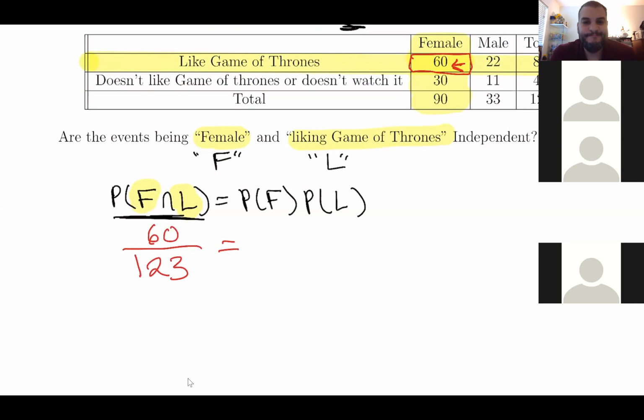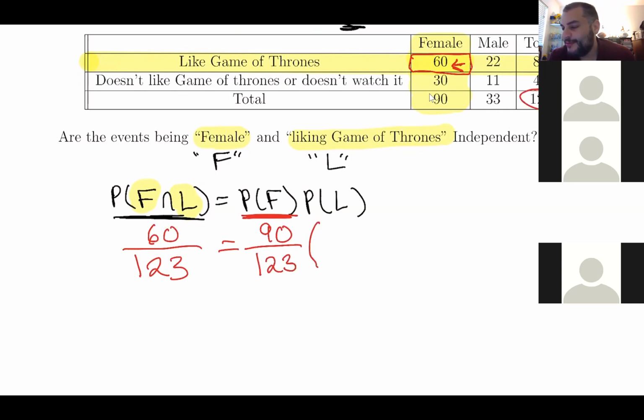All right. Up next, we're going to find the probability of being a female. How many total female do we have in this two-way table? 90. Yeah, if you look right here, it says 90. So you put 90. Good job. You divide this by 123. You always divide it by the total.